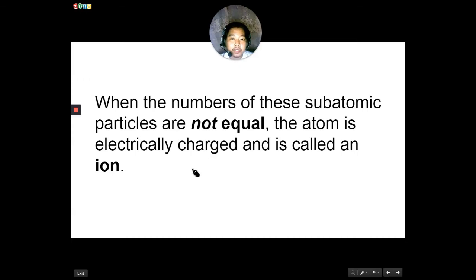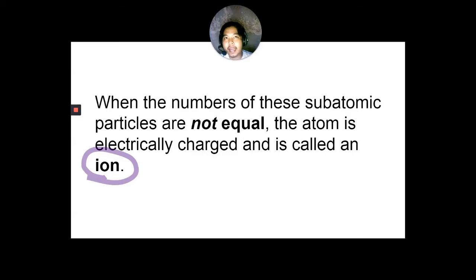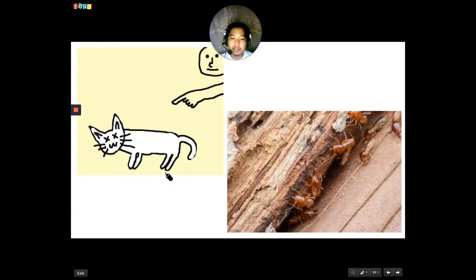And when that occurs, we cannot call them an atom anymore. We call them now ion. When an atom becomes charged, meaning hindi na siya neutral because the number of protons and electrons is no longer equal, we now call them with a new term, ions.